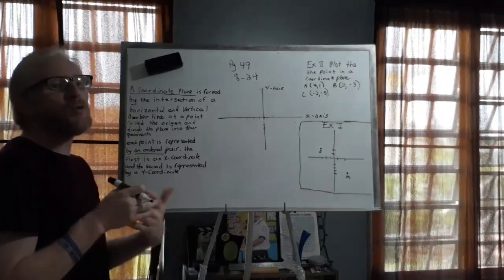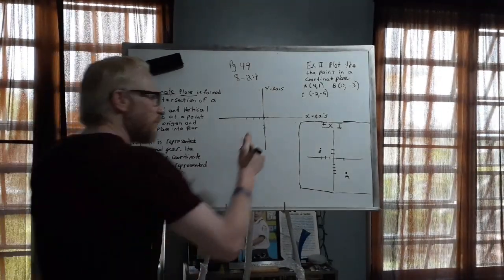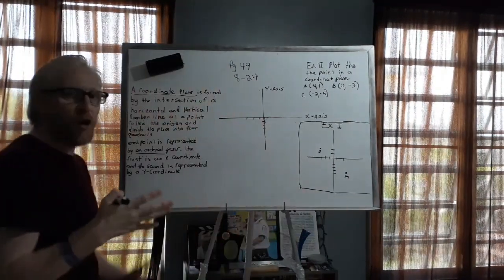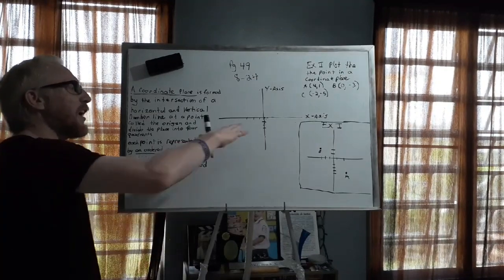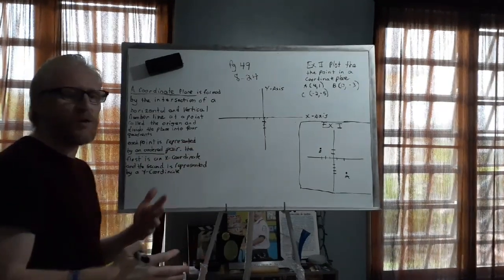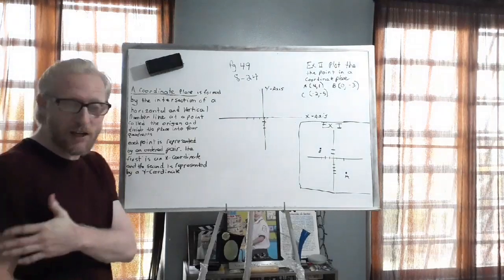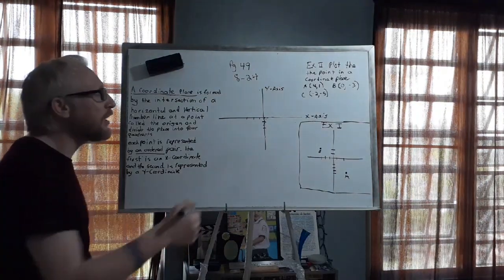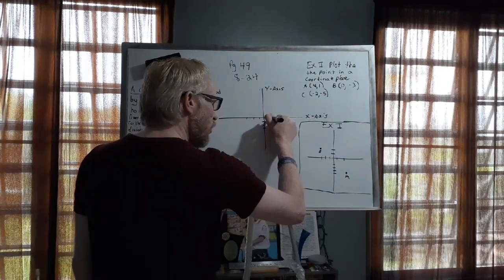Now, before I go into what an ordered pair is, I want to explain something. A number line is called that because it's a line that has numbers. We don't know where numbers begin, and we don't know where numbers end, but we do know that when we have numbers on a coordinate plane, all of the numbers to the right are positive.